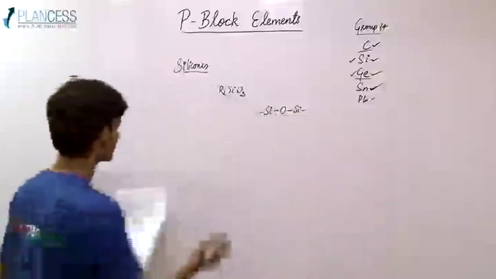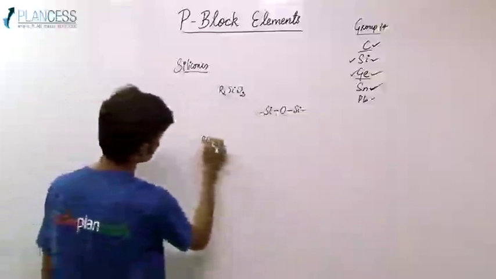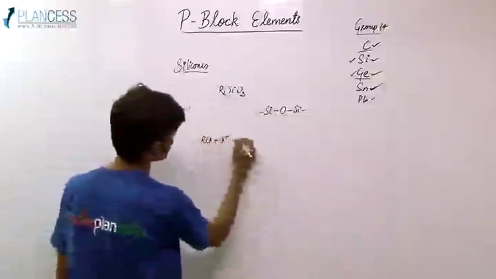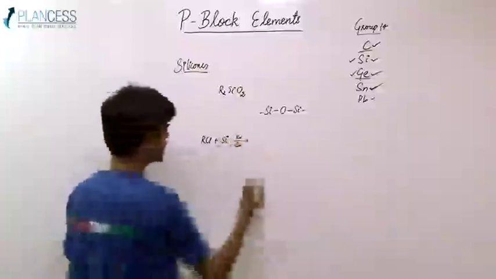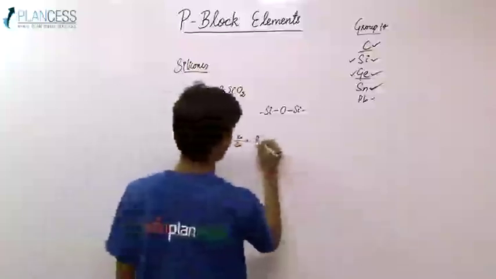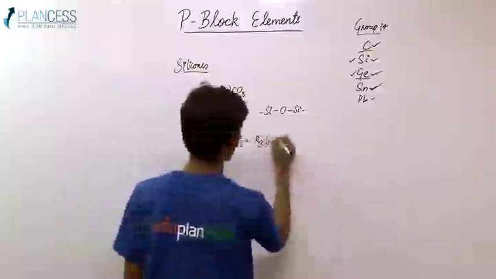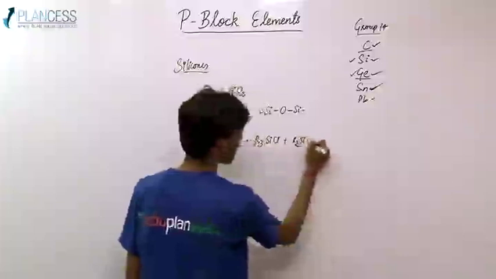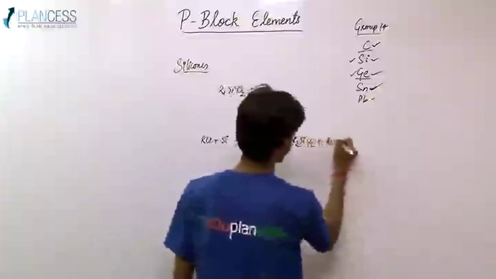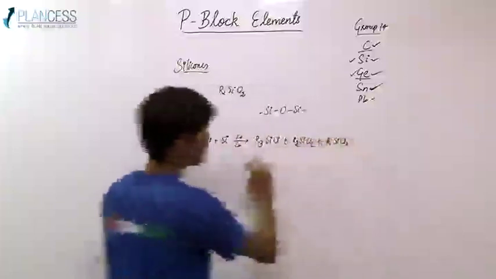So how are these prepared? When RCl is reacted with silicon in the presence of copper and light, it forms all possible products, that is R3SiCl plus R2SiCl2 plus RSiCl3. It forms all these 3.